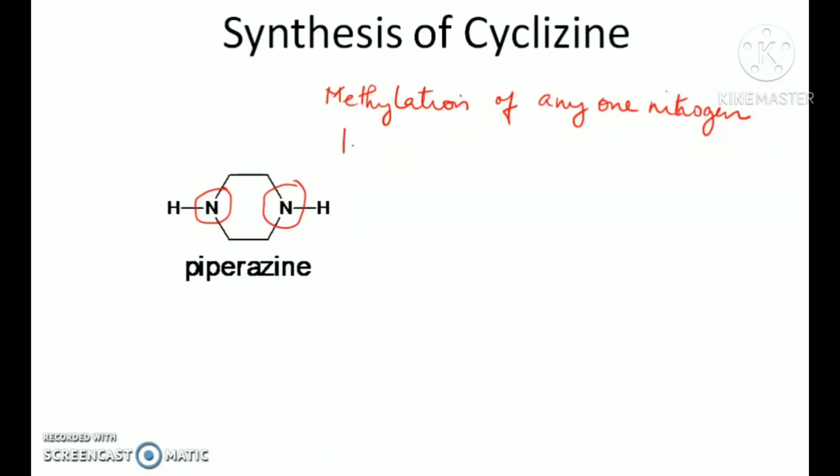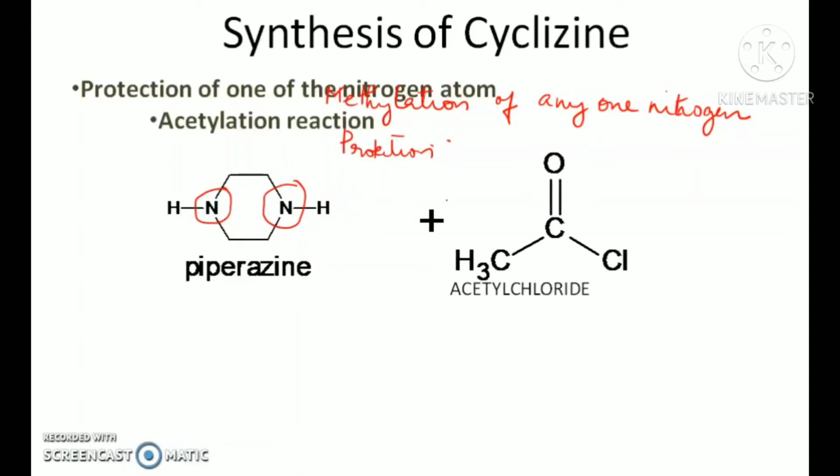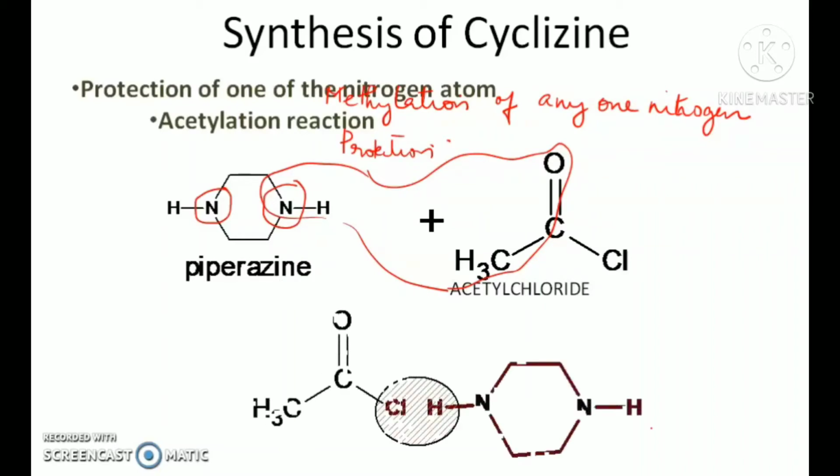In order to restrict the methylation reaction to one nitrogen atom, any one of the nitrogen atoms of the piperazine ring must be protected, and for that an acetylation reaction is done so that one nitrogen atom gets acetylated. The piperazine ring is acetylated using acetyl chloride, CH3COCl, that leads to the introduction of an acetyl group at one of the nitrogen atoms.